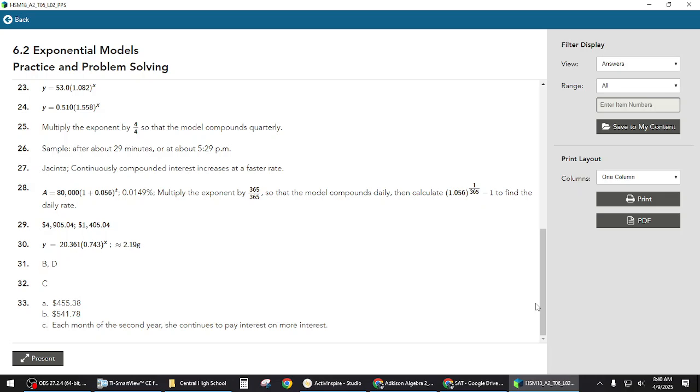By what percent? Okay, so the daily percent should be 0.0149%. Daily rate, 0.0149. Good? Okay, so we need to do 18 and 25.